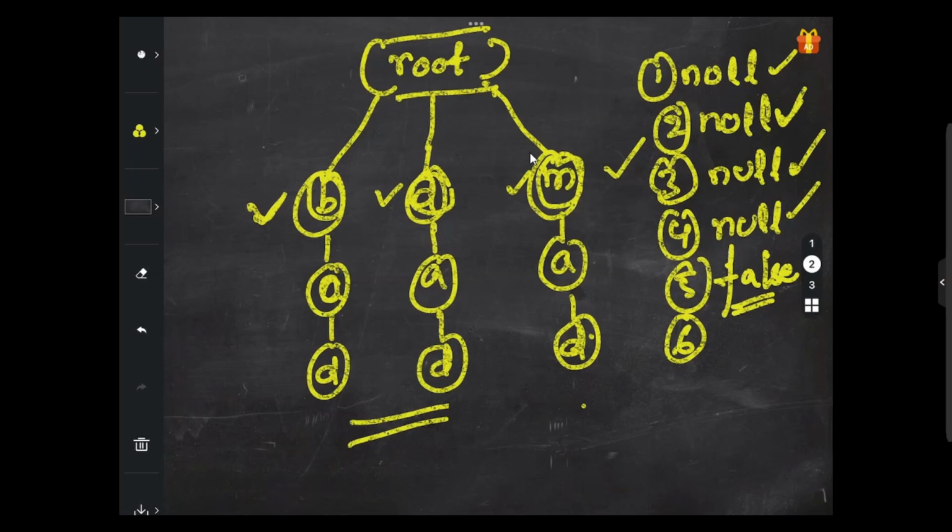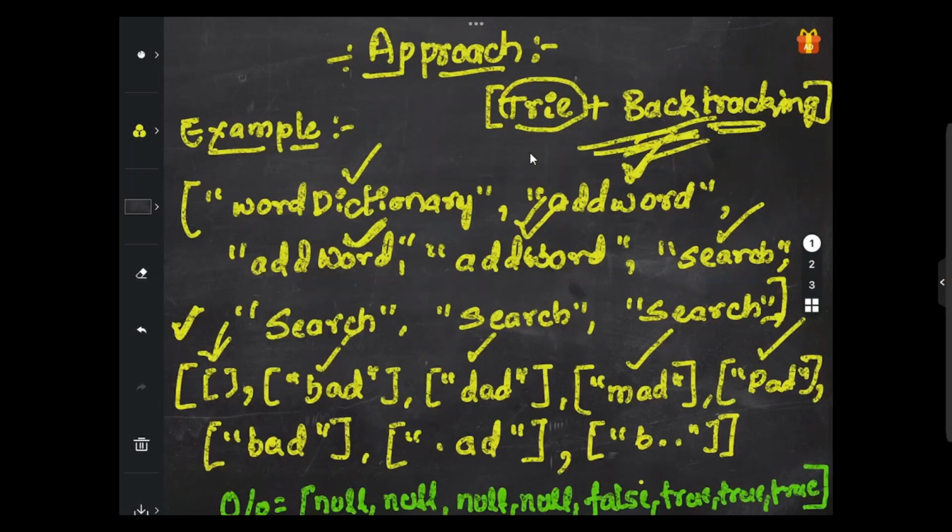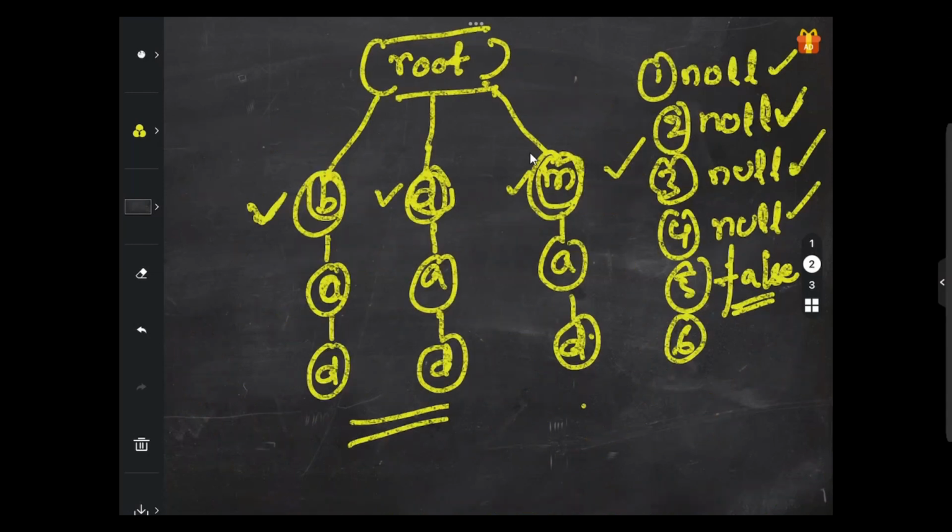This is fine. Let's move on with the sixth one. This one is search of bad. We are searching for bad, right? In the sixth step we have B, A, D in the trie.